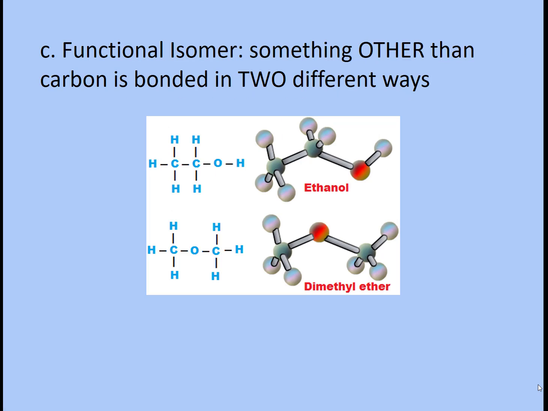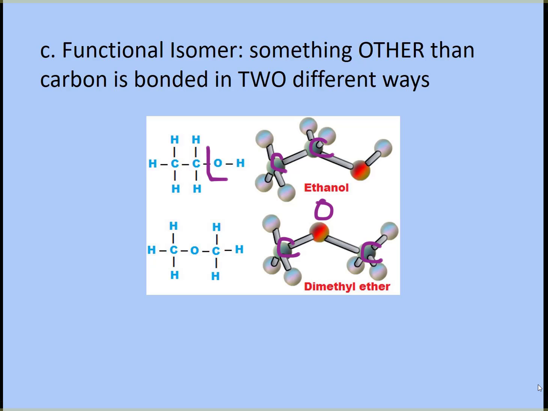A functional isomer, that means that you have a functional group, so something other than carbon is bonded in a different way. On this first one, you can see that you have your carbons right next to each other. And then on the second one, you have the carbons that are separated by an oxygen. And they make what is called a functional group.